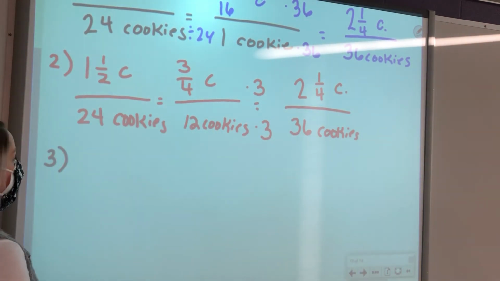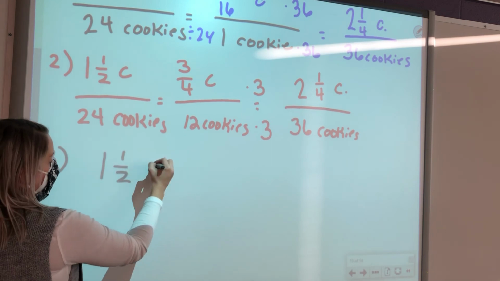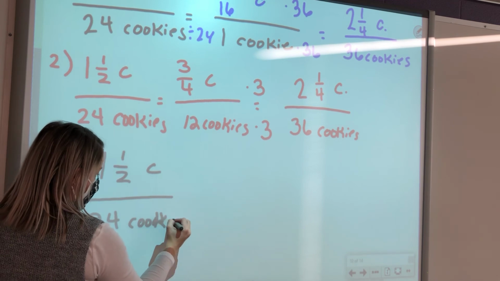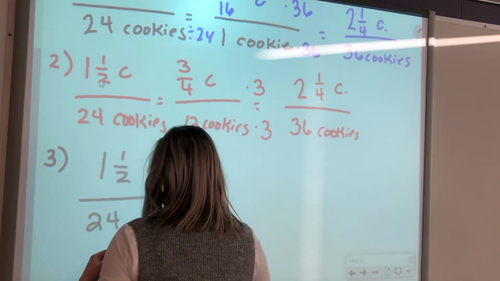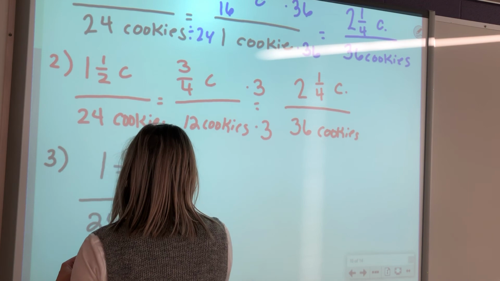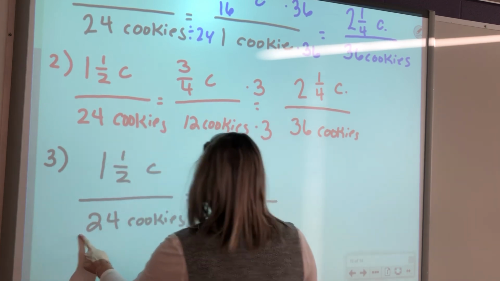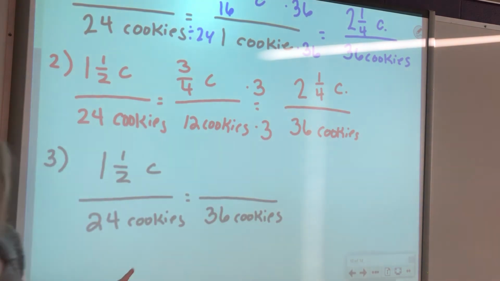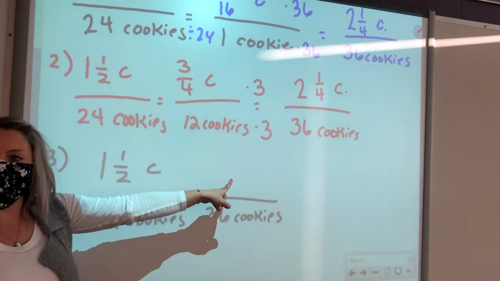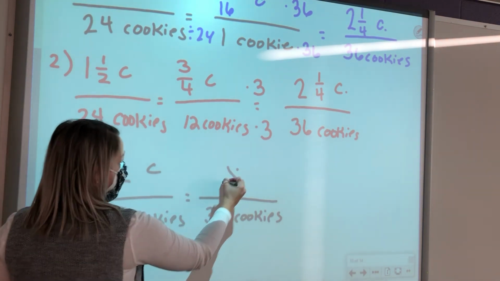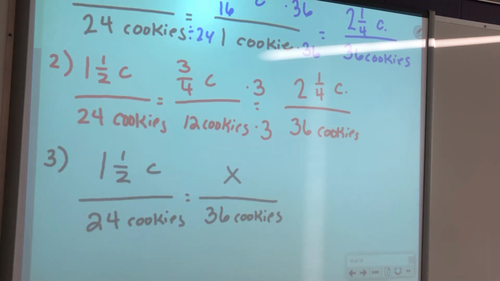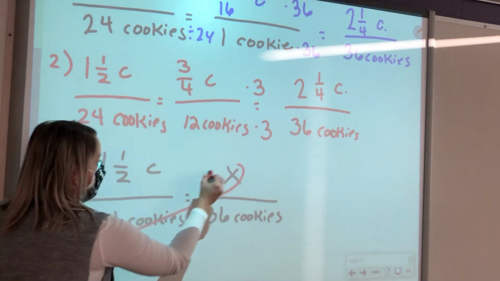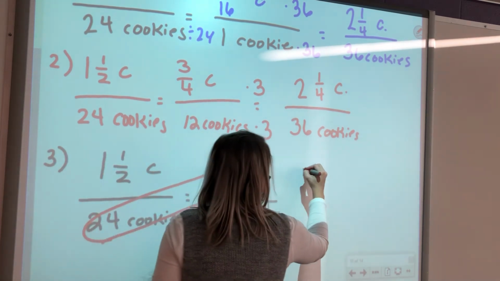So when I set up a proportion, I know 1.5 cups gives me 24 cookies. But I don't want 24. I want 36. I don't know how many cups I need for 36, so I put an X. Then I use cross products. 24 times X is 24X.